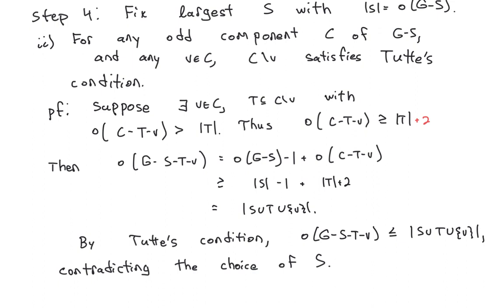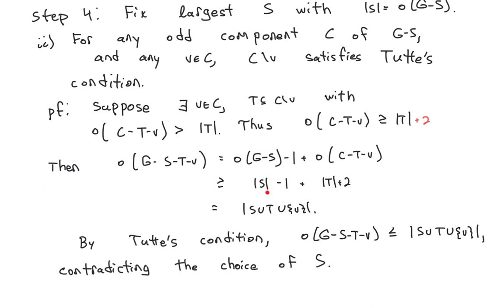And so again, that plus 2 is going to matter, because then we look at the number of odd components of G minus S minus T minus v. It's equal to the number of odd components of G minus S, minus 1, because we've removed the odd component C, plus all the new odd components we get from removing T and v from C. Now this number is at least the size of S minus 1 plus T minus 2.